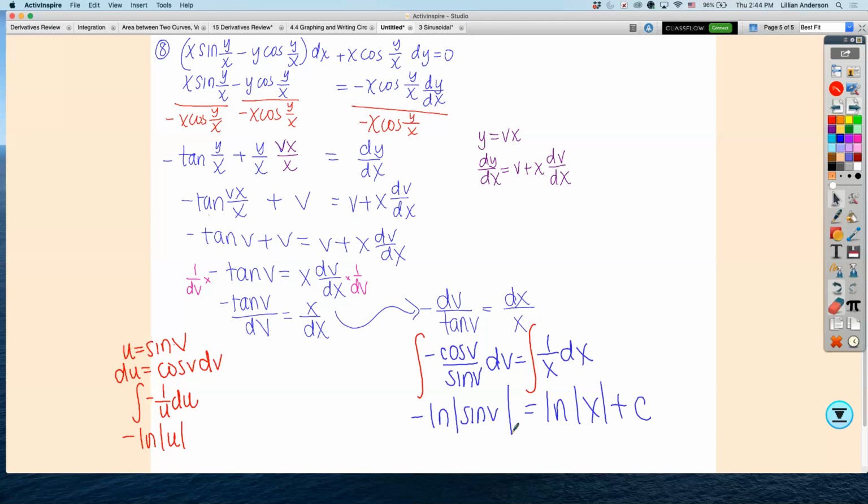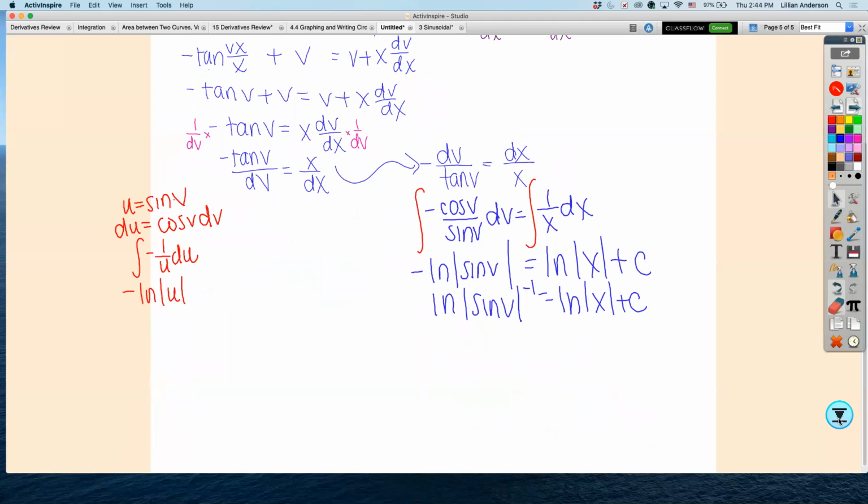And then couldn't I do the e? Well, first I need to move that negative up to the exponent, so this turns into ln sine v to the negative 1. Then I can apply the e.